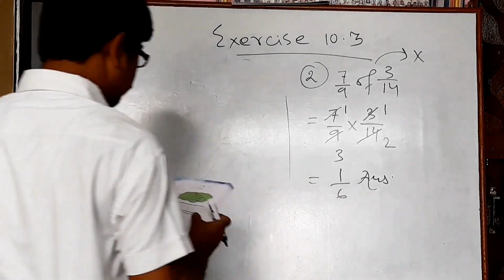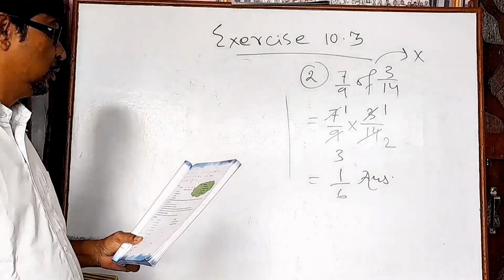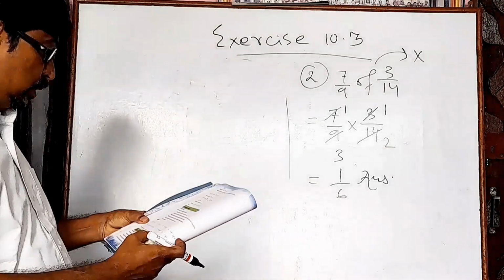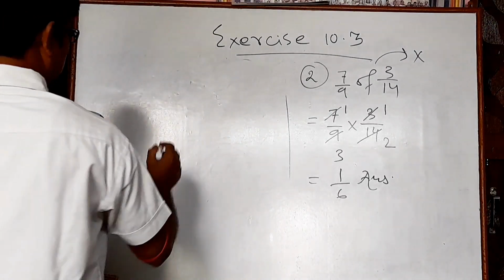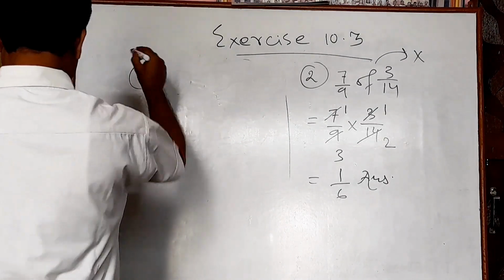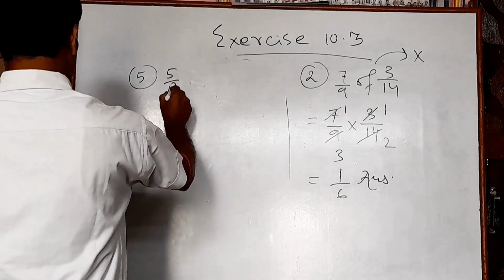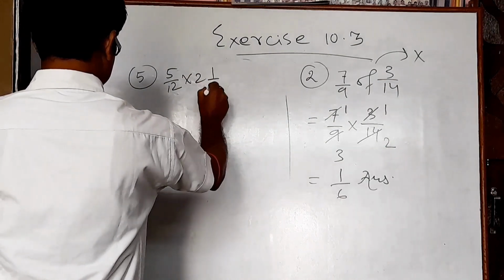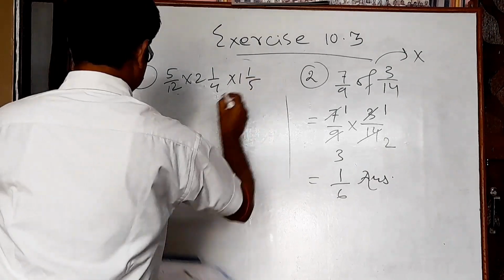Now next question I'm going to solve is question number 5. Okay, let me solve question number 5. Question is 5 by 12 into 2 whole 1 by 4 into 1 whole 1 by 5.